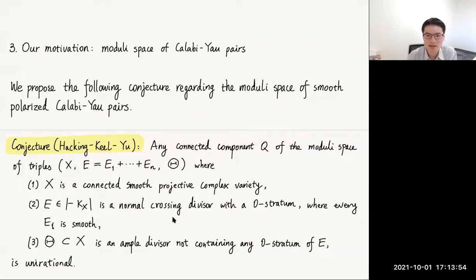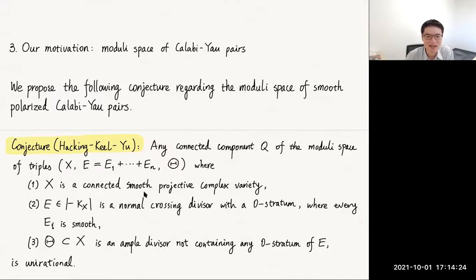We consider a moduli space of triples (X, E, theta), and these triples have been extensively studied in the literature. They are called polarized Calabi-Yau pairs. Here we have three things instead of a pair, so let me first explain what these things are.